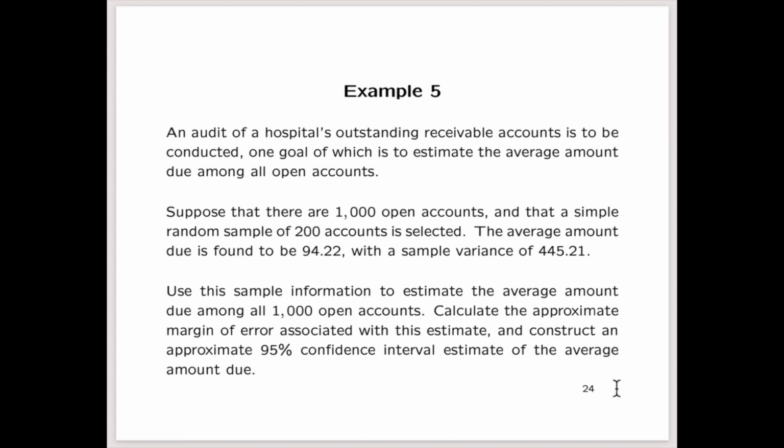This is example 5. An audit of a hospital's outstanding receivable accounts is to be conducted, one goal of which is to estimate the average amount due among all open accounts. So perhaps this is an old system where the accounts are kept in paper files, and they don't have time or the manpower to pull all of the files and use that data to calculate the average amount due.